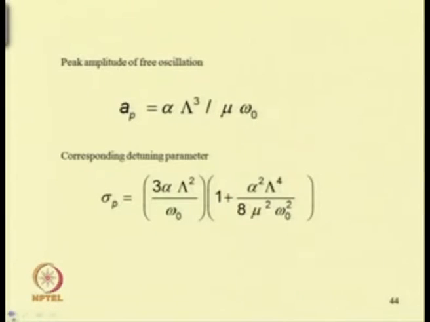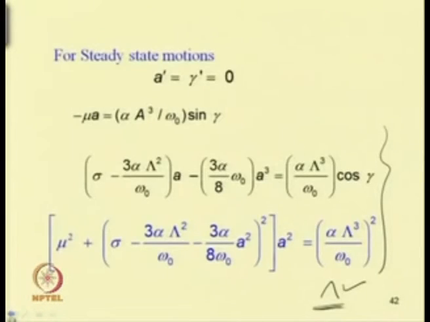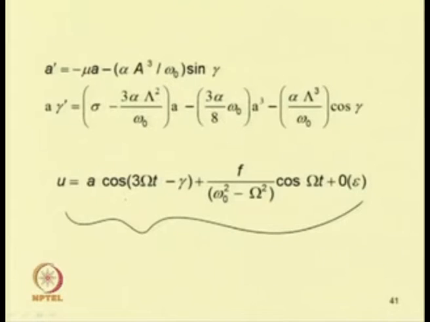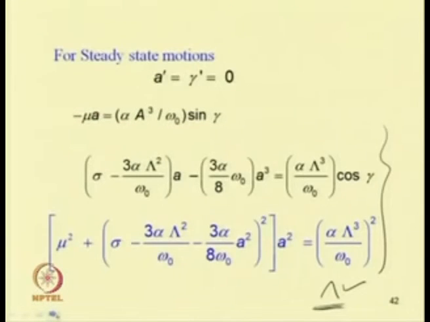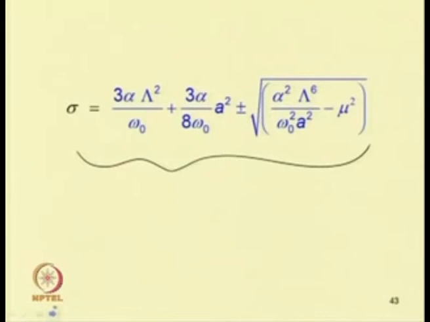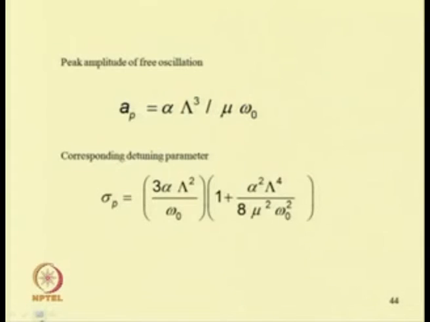Here, one can observe from this equation the free vibration term and the forced vibration term of the system, and one can observe that the free vibration amplitude of the system is equal to alpha lambda mu q by omega mu omega 0, and the corresponding detuning parameter is this.